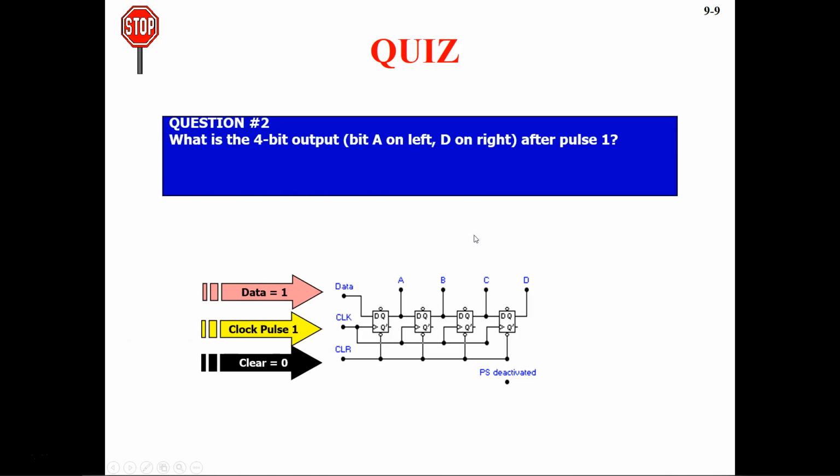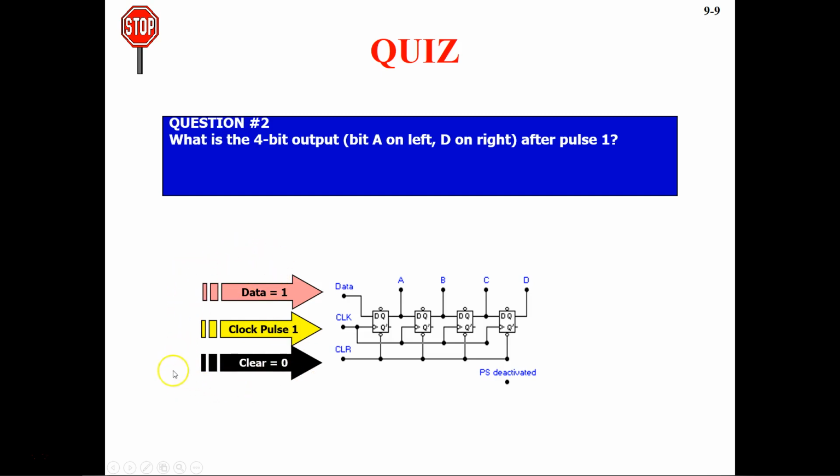And then you have: what is the 4-bit output, with bit A on left and D on right, after one pulse? So at one pulse, when you have clear equal to 0, you have to look at all these three inputs.